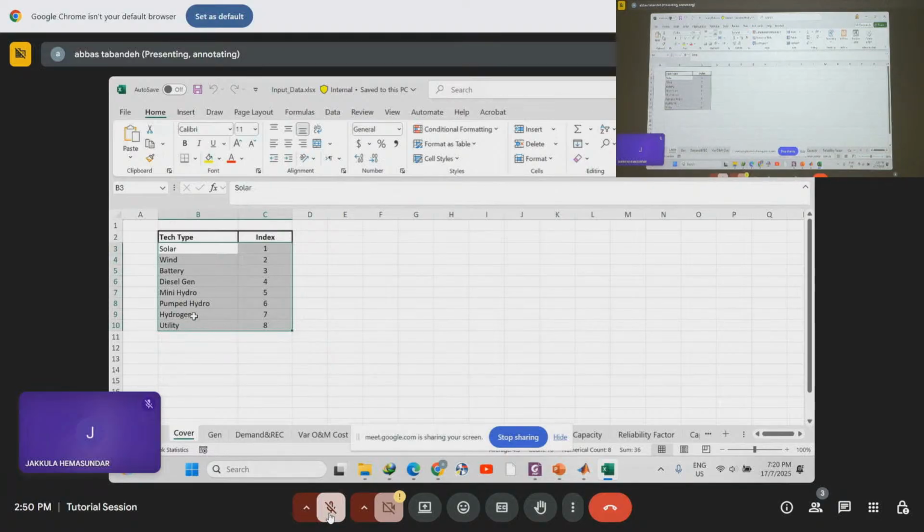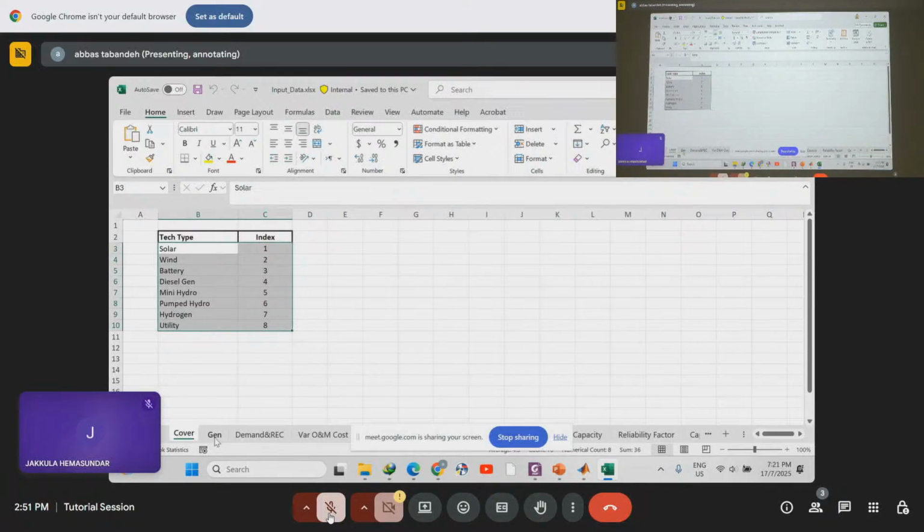However, in this example, we don't consider hydrogen because this example is not a hydrogen-based microgrid design. And this one is the utility or the substation that sends electricity and supplies all demands in the microgrid. So we have defined the indexes for them. We gave them index from 1 to 8.